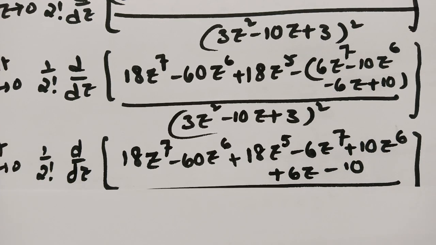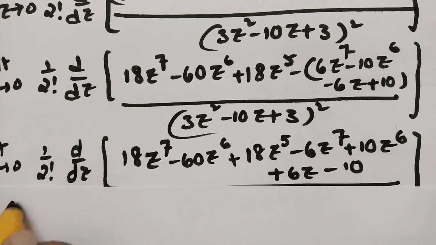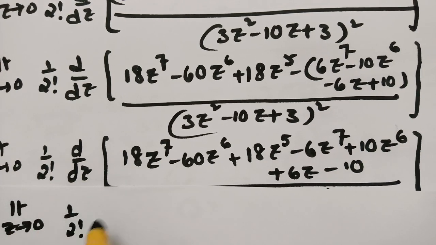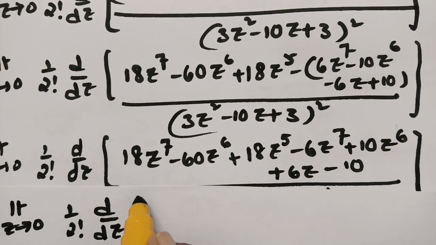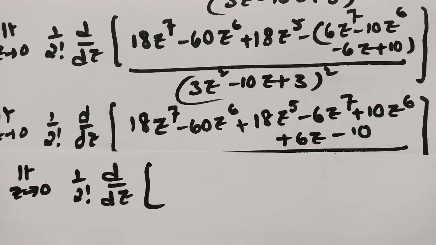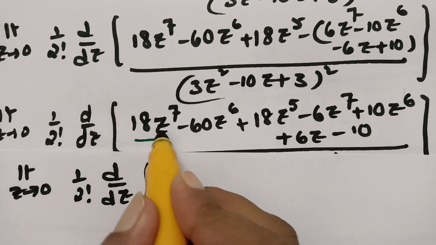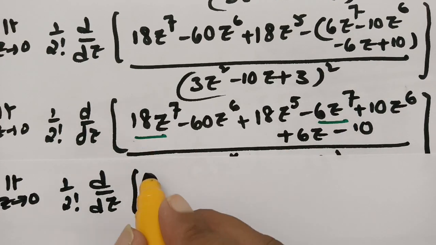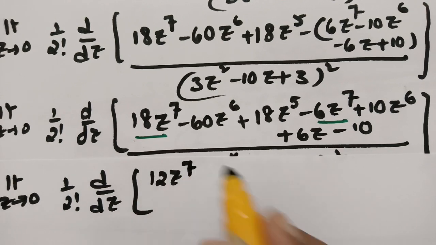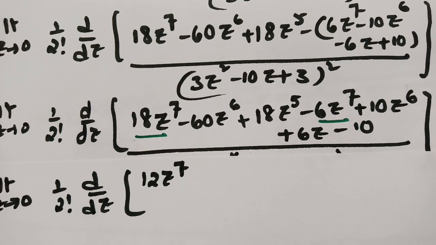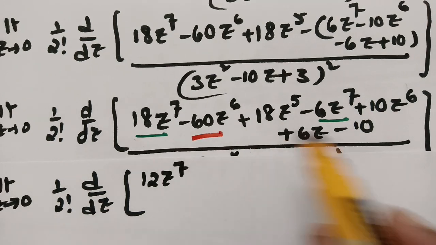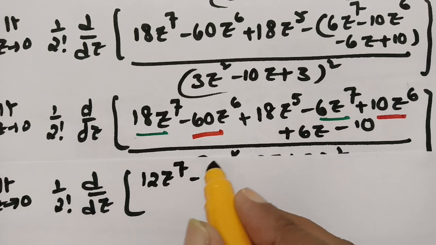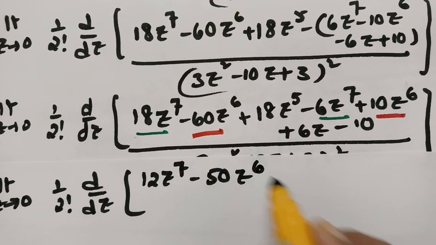Now see, here I can write this as limit z tends to 0 of 1 by 2 factorial into d by dz of. If you observe, z power 7 terms combine: 18 minus 6 is 12, so 12 z power 7. Next, minus 60 plus 10 will be minus 50, so minus 50 z power 6.